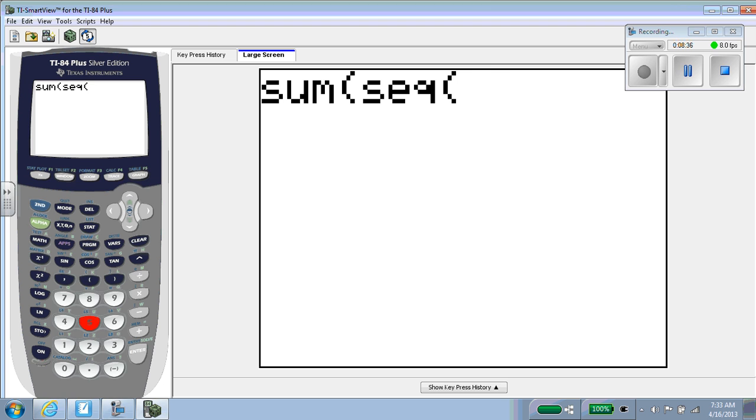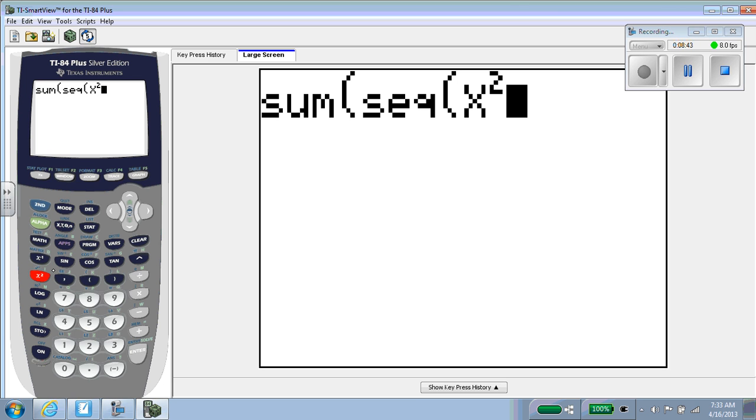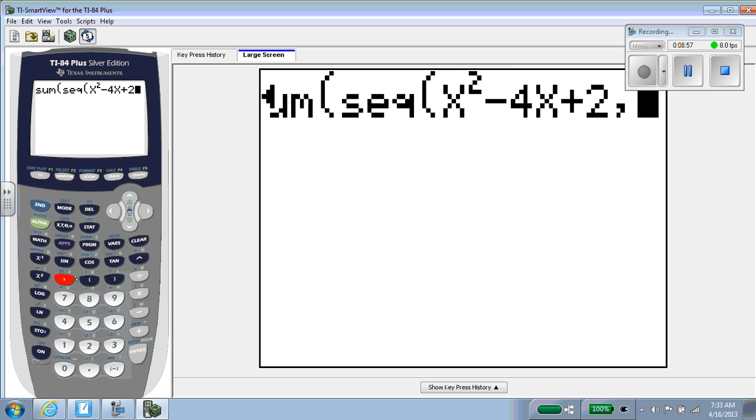What sequence? It was, and I'm going to use x because it's easier to get to, x squared minus 4x. Oh dear, my calculator's having trouble. 4x plus 2, and then a comma. Comma is right above 7, comma.